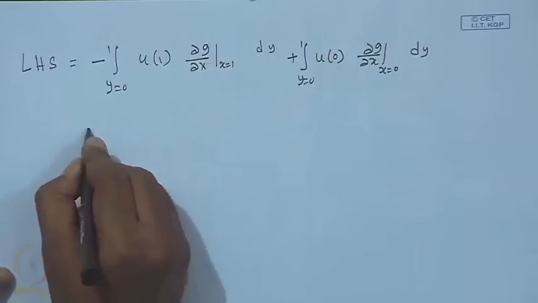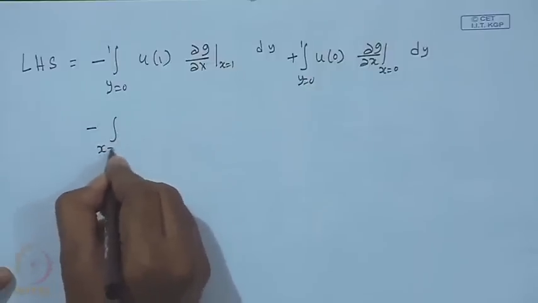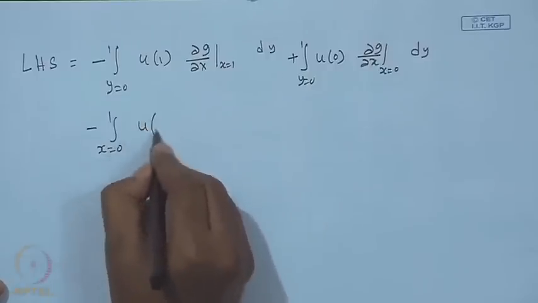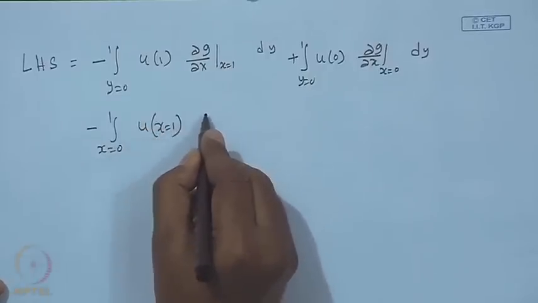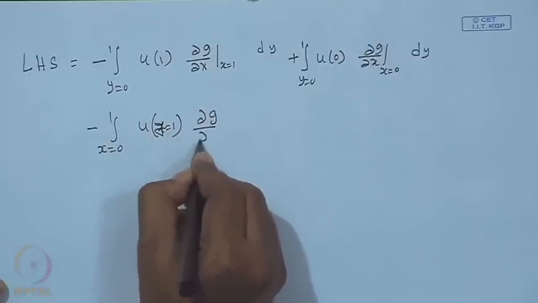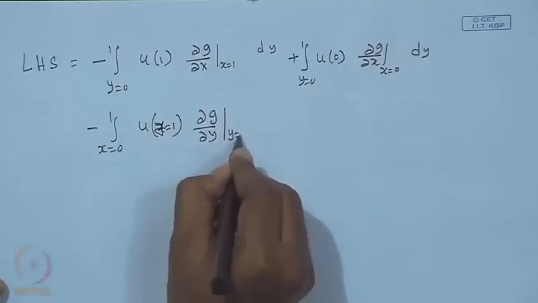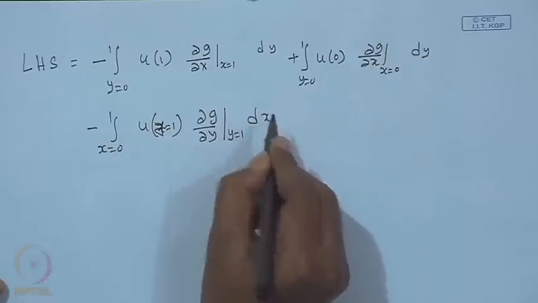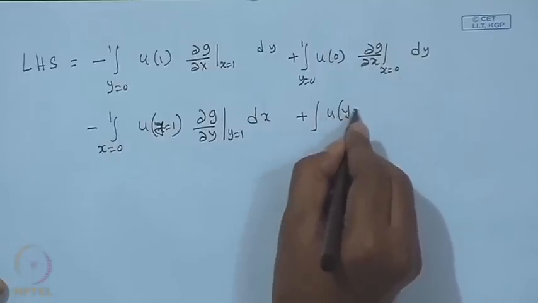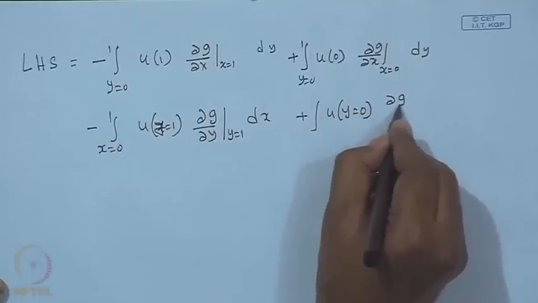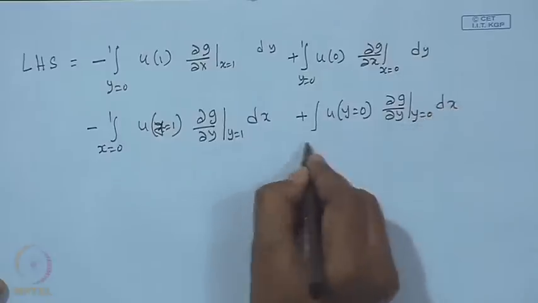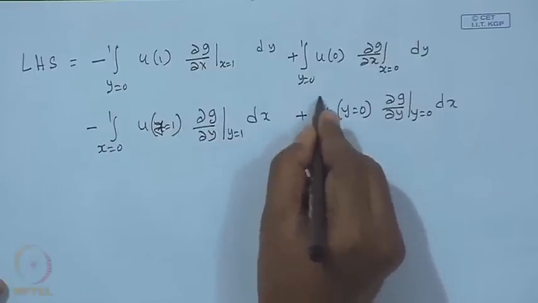Then we have minus integral x from 0 to 1 of u at y equal to 1 times del g del y at y equal to 1 dx, plus u at y equal to 0 times del g del y at y equal to 0 dx, from x equal to 0 to 1.